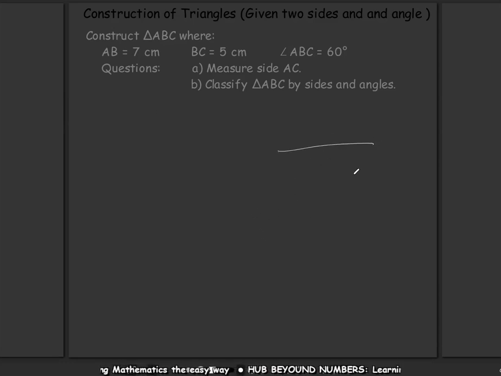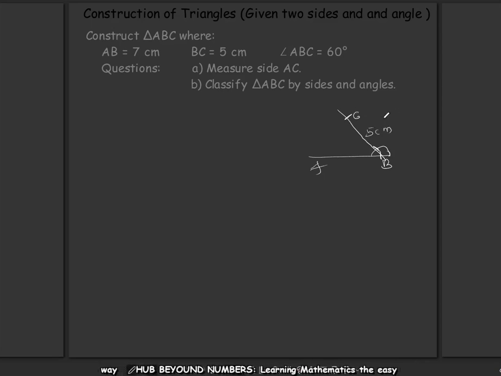Our AB should be something around this, A, B. Then our angle should be at B. So we put our angle 60 degrees over here and then draw it this way. Then we measure C over here, and it's supposed to be 5 centimeters. Then we just join A to C. We are doing something like this. Let's quickly go into it.